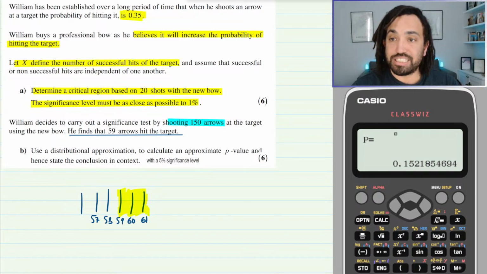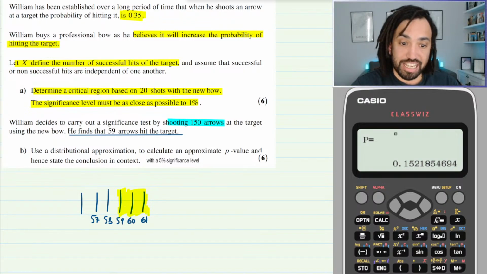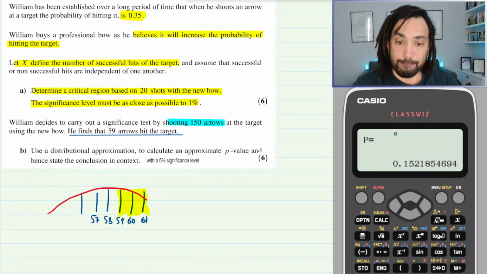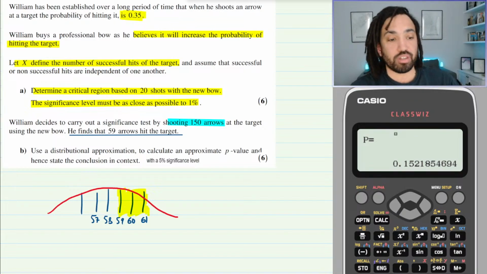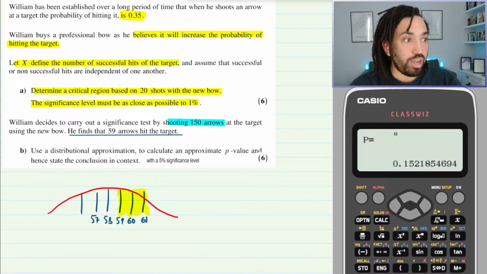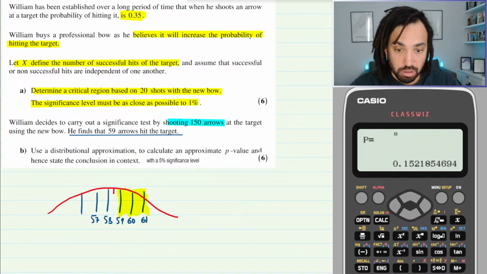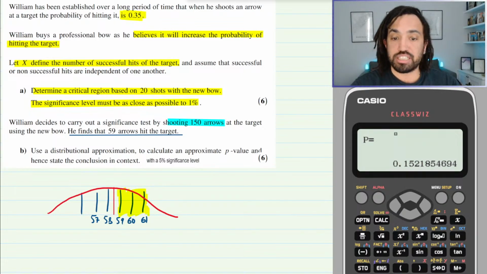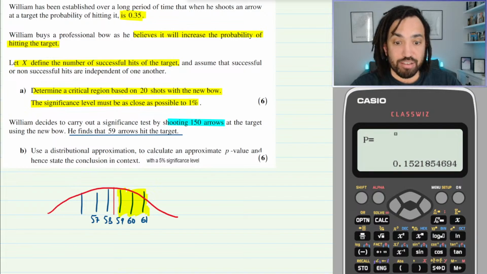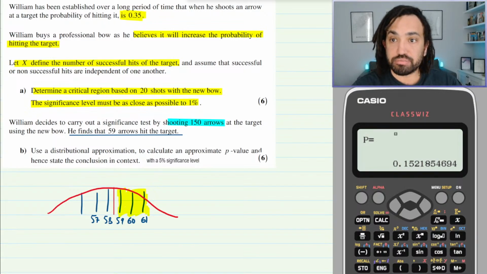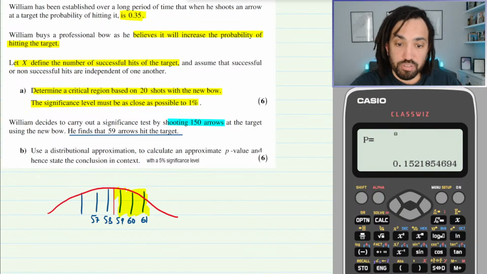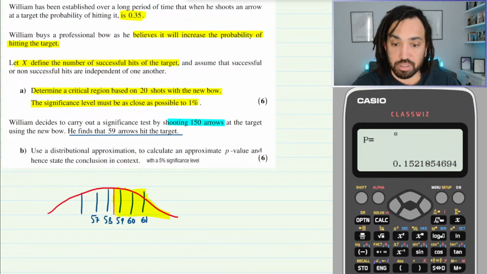But the problem is the normal distribution can take any value at all. It looks like that. So we need to find the smallest value possible such that it rounds to 59. So I can use all of this area here because normal distribution is all about area as opposed to just adding up the sticks like that.